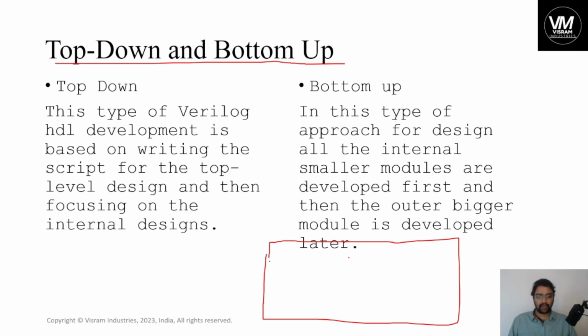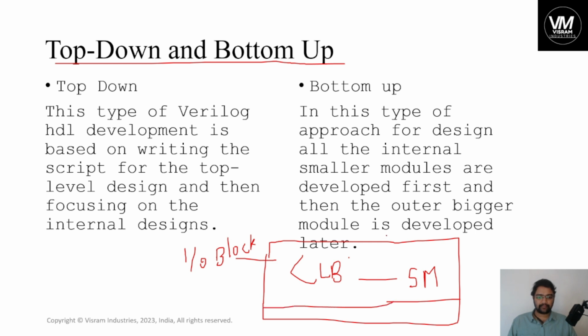Let us take one block which has an IO block and CLB, and it is connected to a switching matrix.